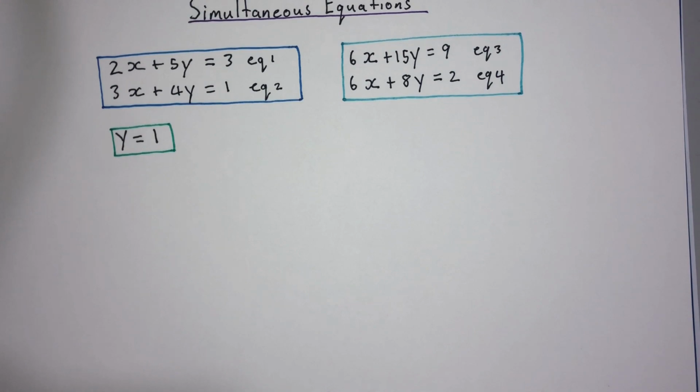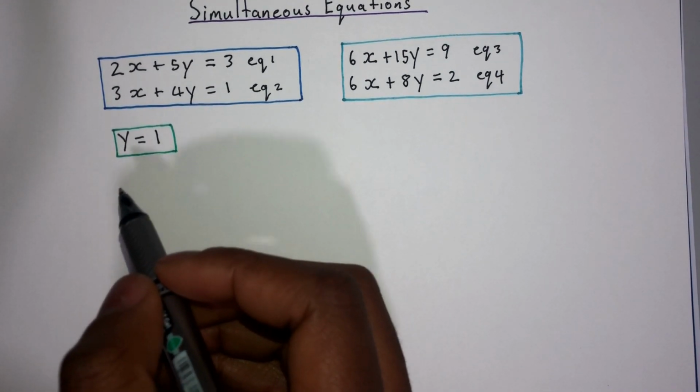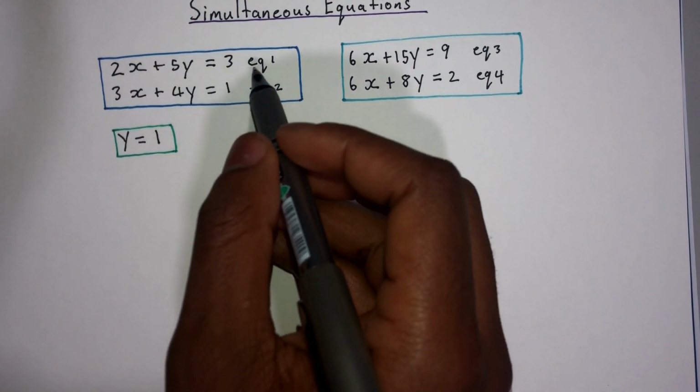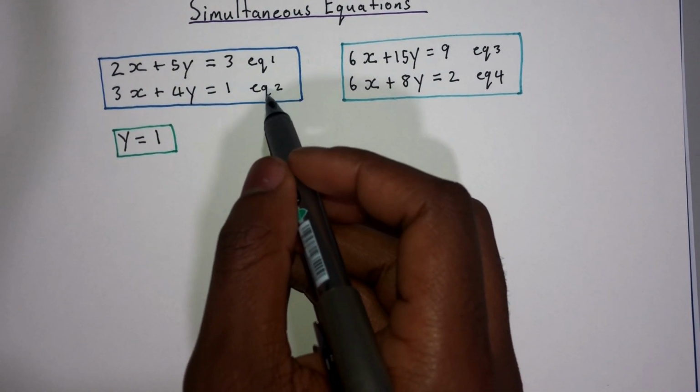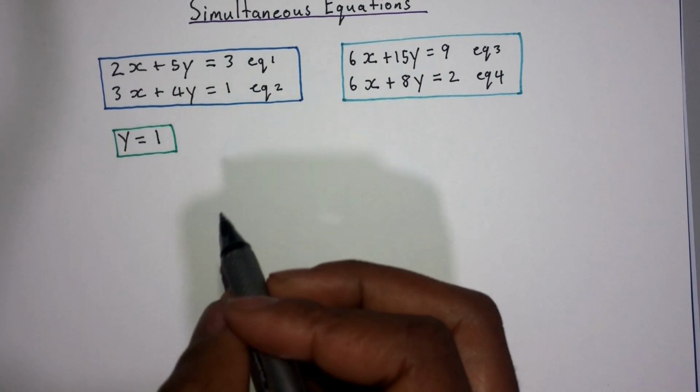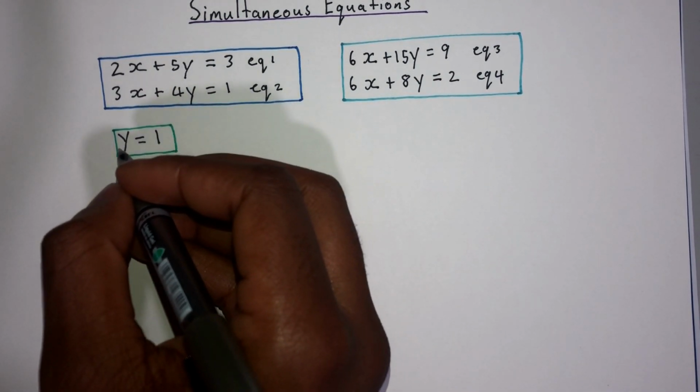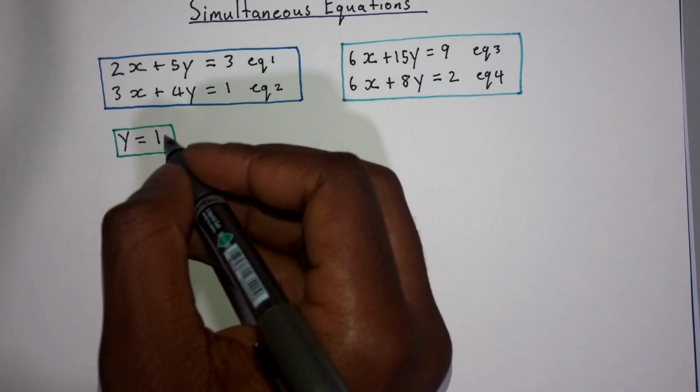Now, upon finding our y value, we're going to substitute it into one of these equations, either equation 1 or equation 2, and solve for x. And I'm going to substitute it into equation 2.